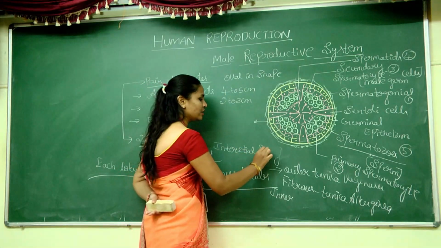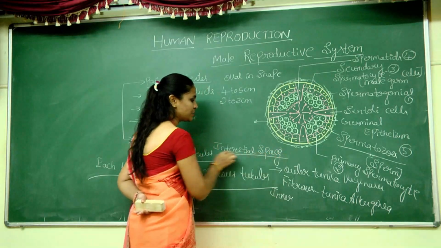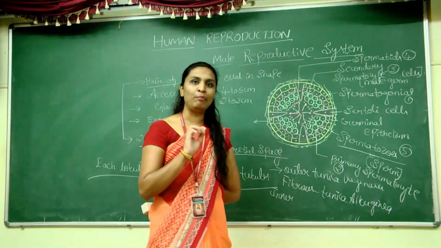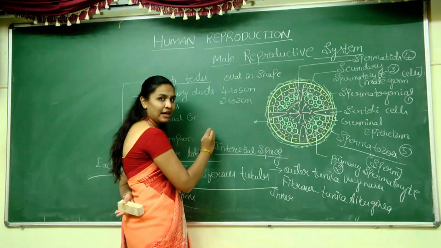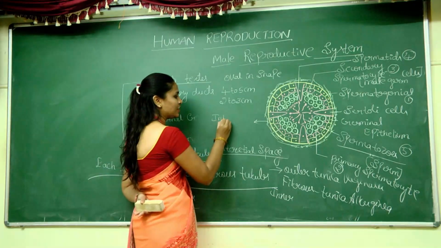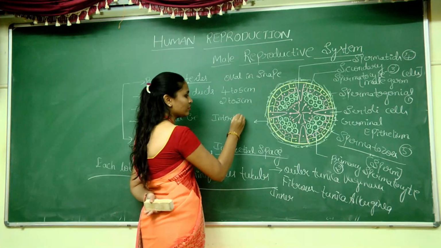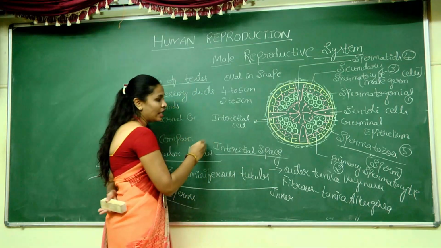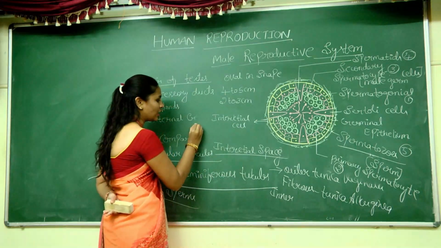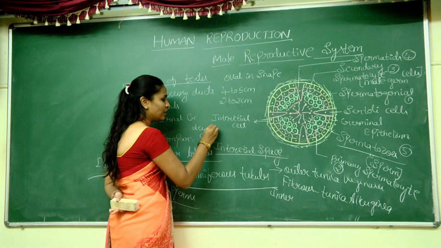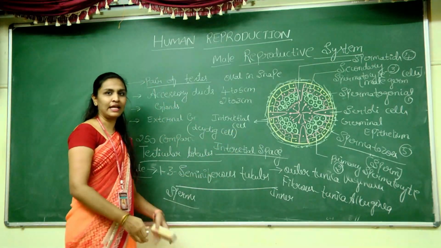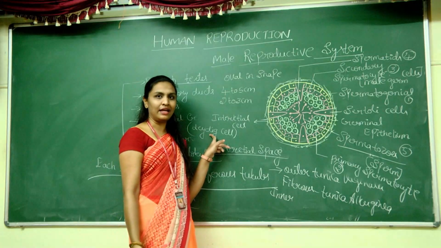The interstitial space contains small blood vessels and a cell known as the interstitial cell. The interstitial cell is also known as the Leydig cell.